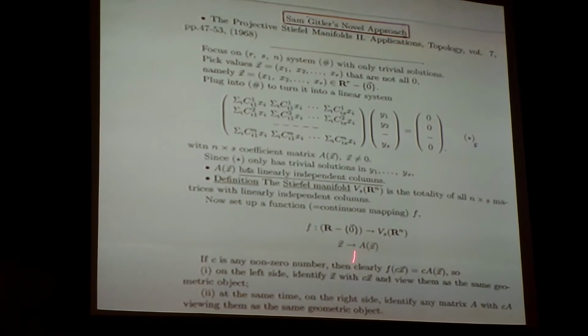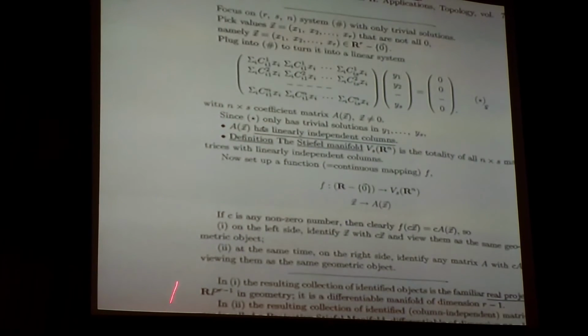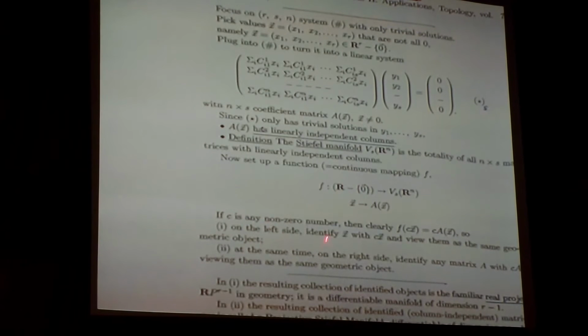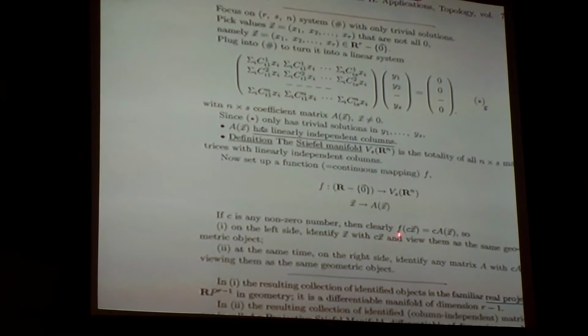We make some identifications. On the left side here, we identify any vector x with C times x, C a non-zero constant, and view the two identified things as one object.